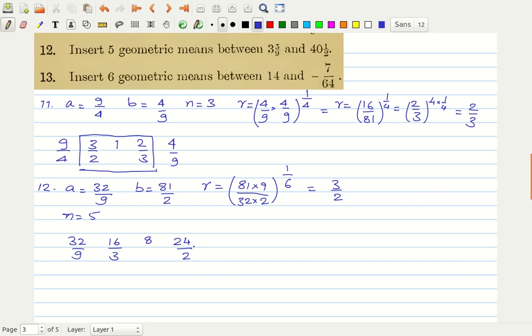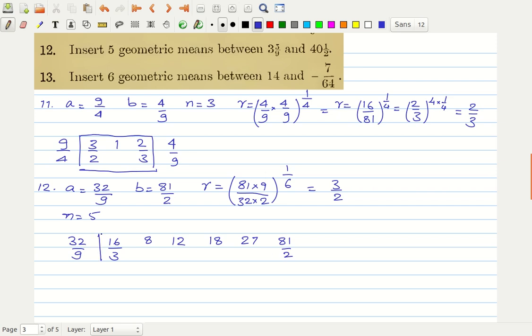so you get 12 times 3 is 48. This is actually equal to 12, right? 24 by 2 can be written as 12. 12 times 3 by 2 is actually equal to 18, and 18 times 3 by 2 is equal to 27, and 27 times 3 by 2 is going to be 81 by 2.